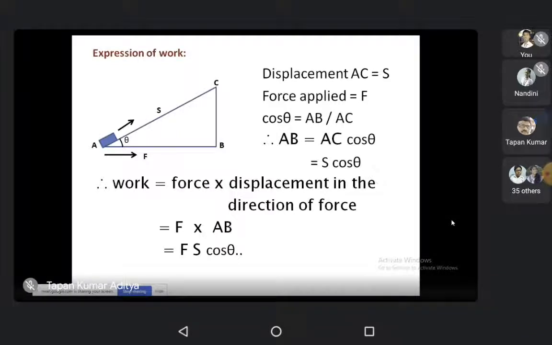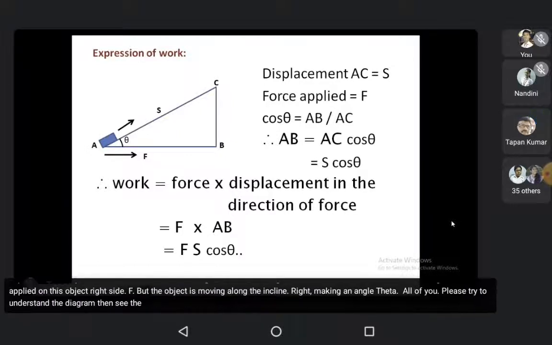A block has a force F applied on this object to the right side, but the object is along the incline, making an angle theta. Please try to understand the diagram, then see the expression. The force F is applied on that object along the right side.